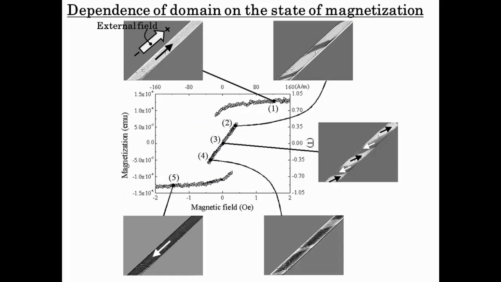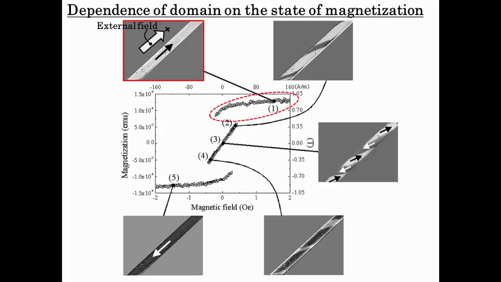To make this phenomenon easy to understand, a state diagram of magnetization is useful. This figure shows the variation of magnetization for the element as a function of external field. The external field is applied along the in-plane length direction of the element, which is the measurement direction. In this figure, a domain image is also shown.